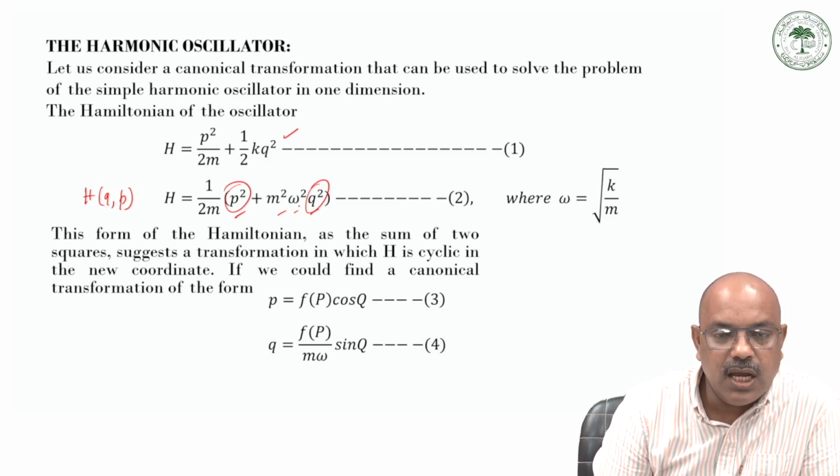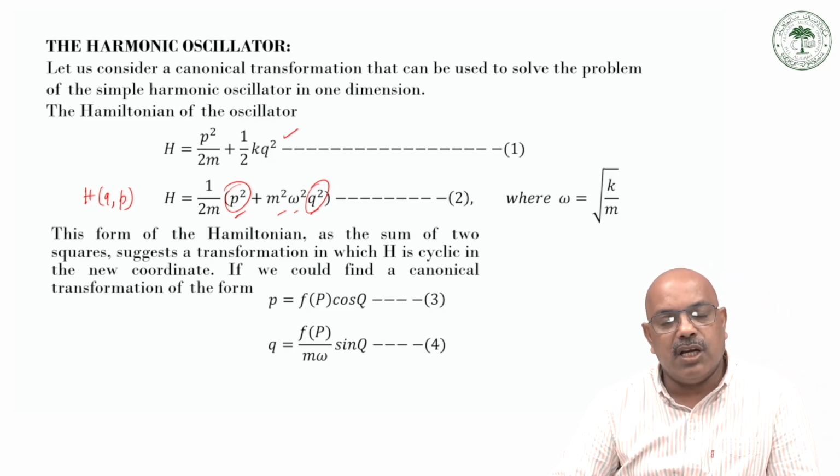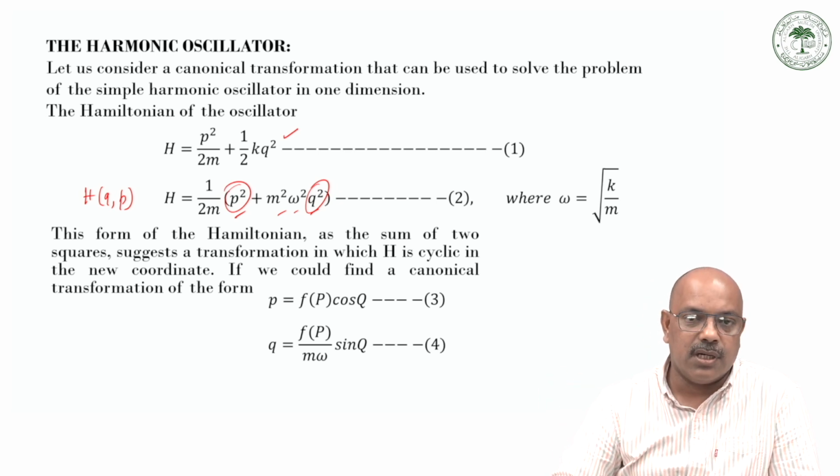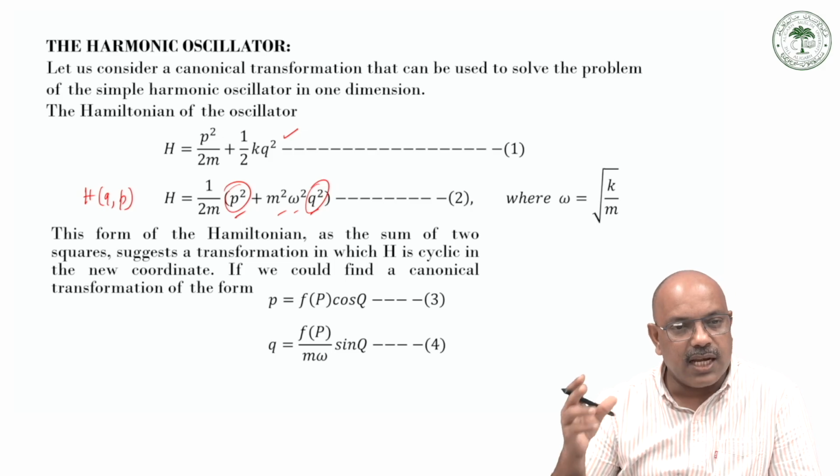Now we need a canonical transformation so that my Hamiltonian is transformed into the new coordinates capital Q and capital P, such that, while transforming, this H is going to be cyclic in the new coordinate.